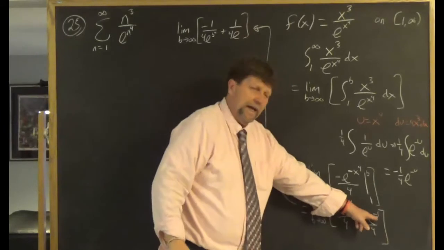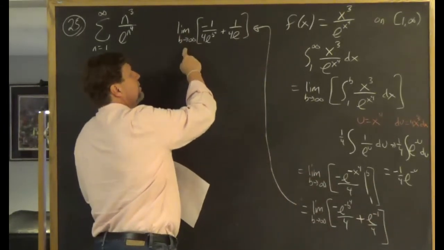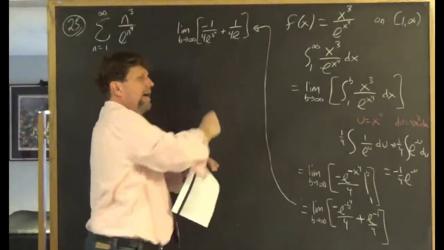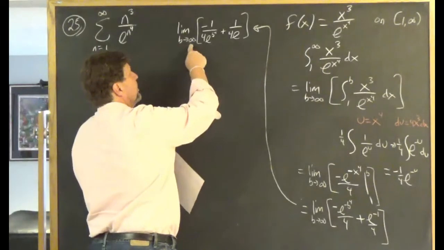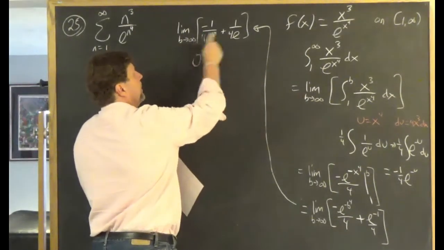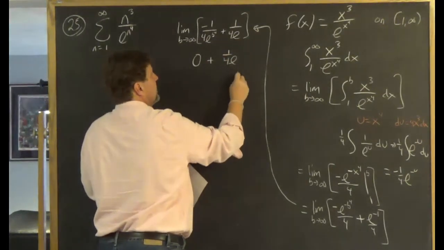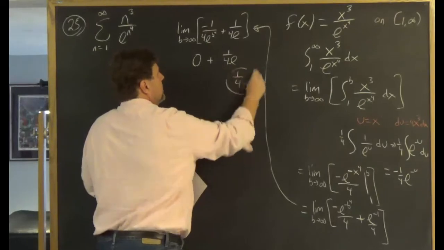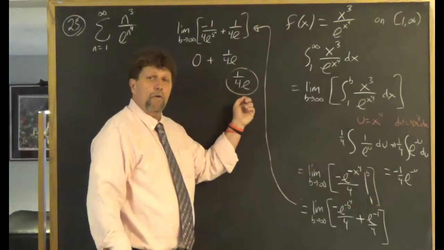I decided to get rid of that negative exponent as well. So the limit as b goes to infinity of this first term: that denominator is getting incredibly large, so the limit of the first term is 0. This is a constant. The limit of a constant is that constant. So the limit ends up being 1 over 4e.